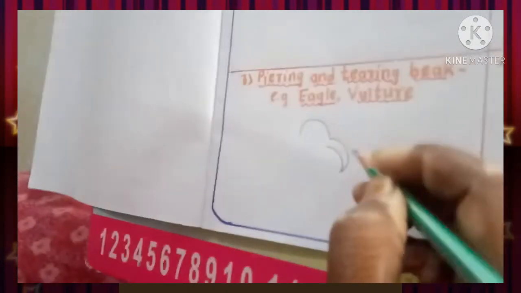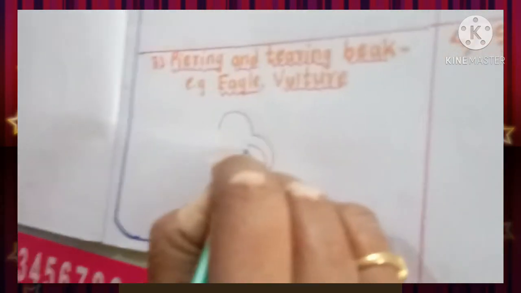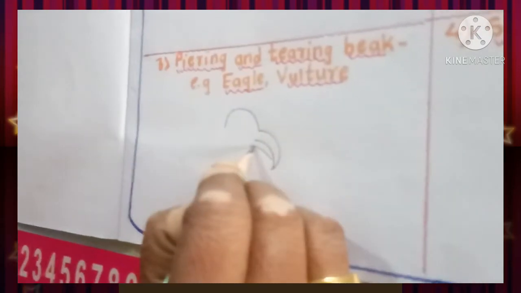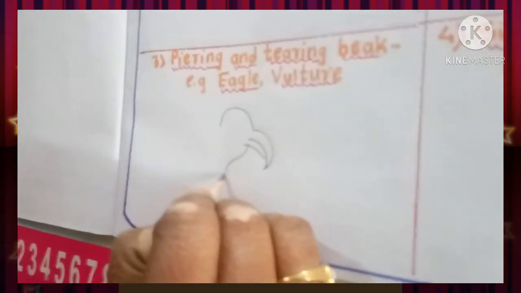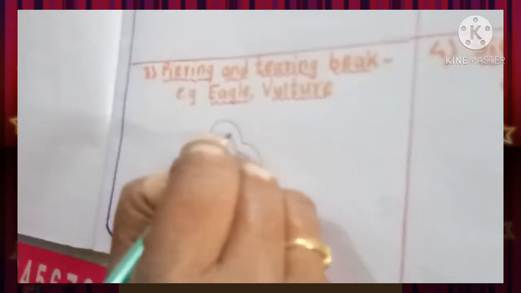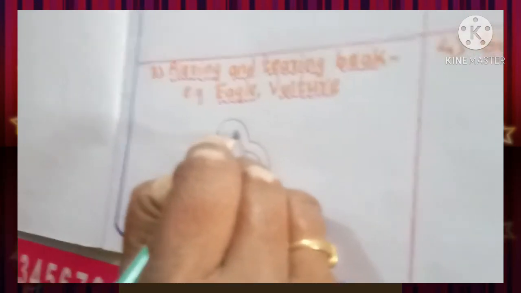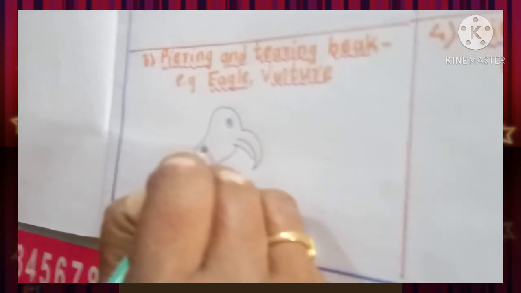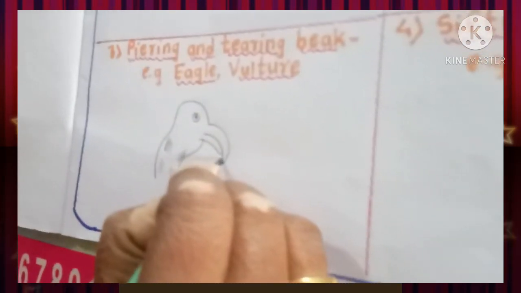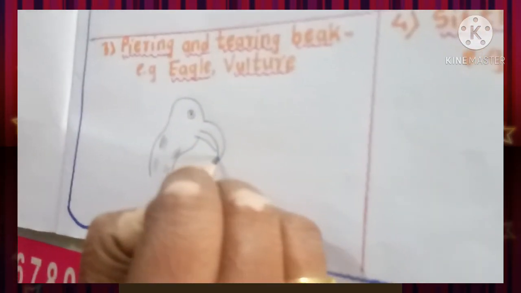By using that beak, the eagle and vulture can tear their food. So this one is an eagle. It is a hook shaped beak.